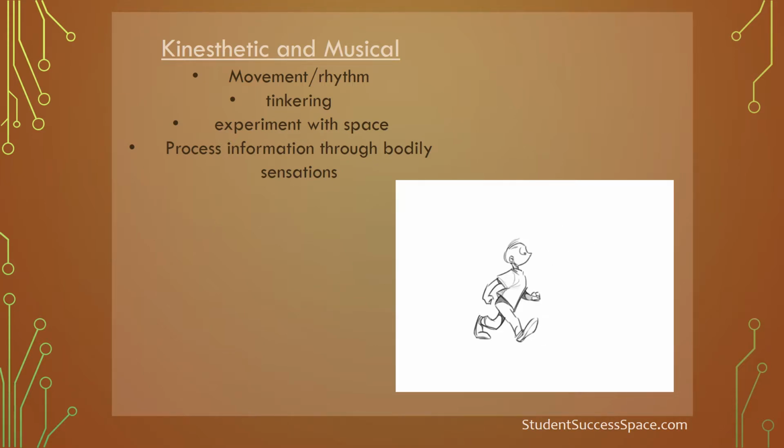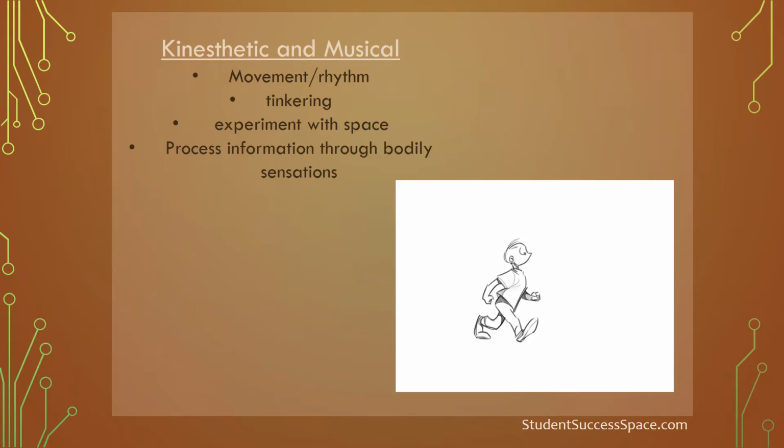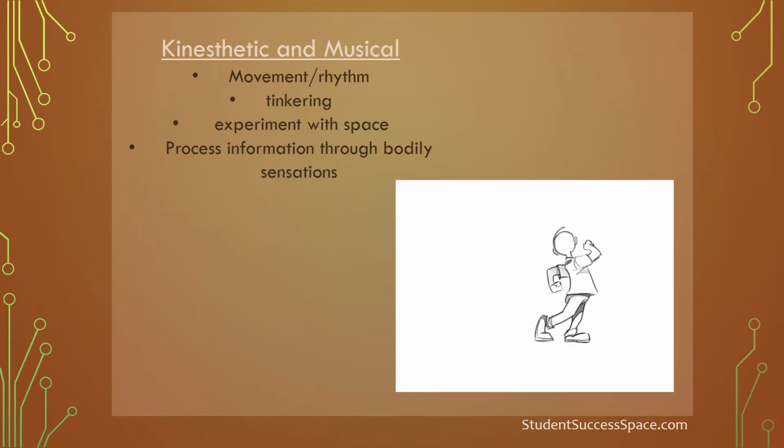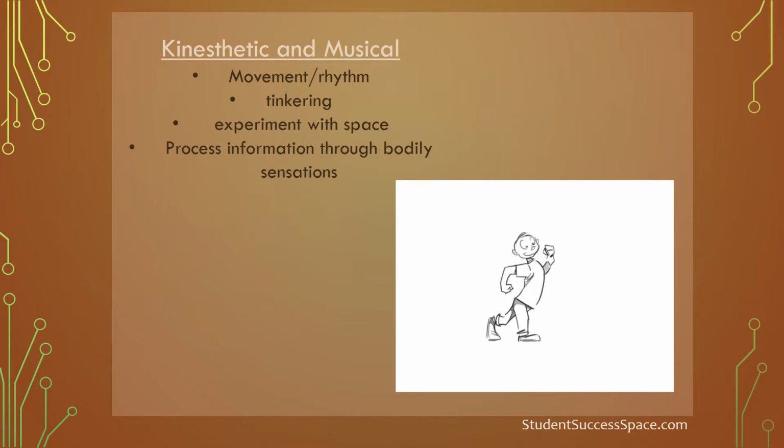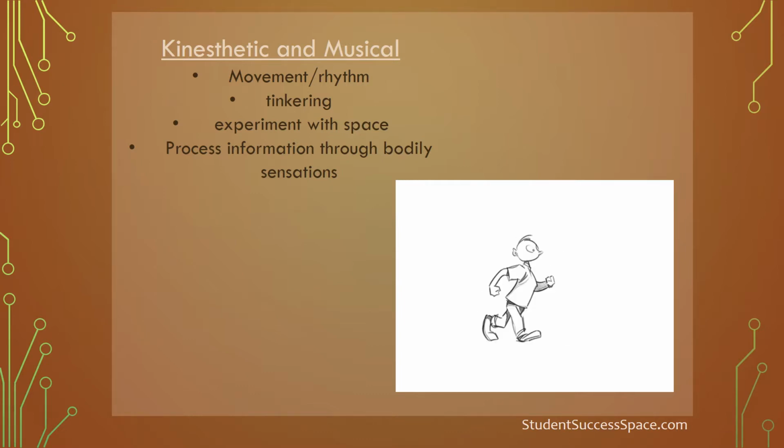This goes along with musical learners, and they'll share some of the same qualities like movement and rhythm. They differ, however, in that those kinesthetic learners constantly move. You'll see them. They bounce, right? They tinker, they touch, they experiment within their space, and they will process information through those bodily sensations or through touch.